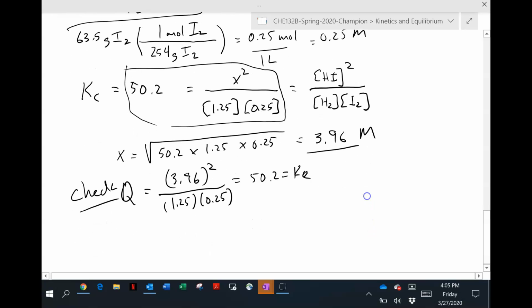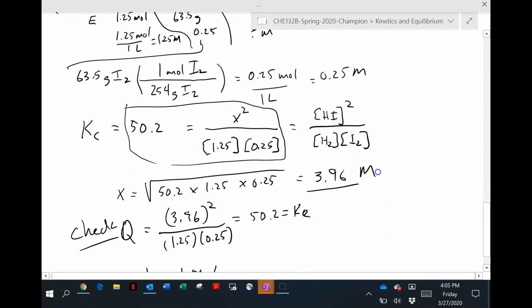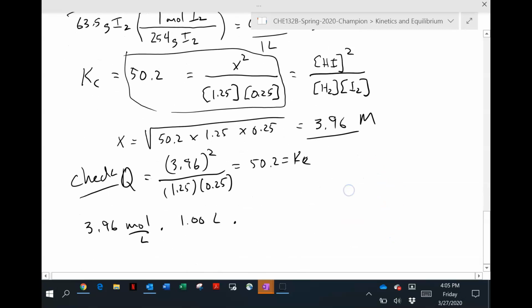So then to get to grams, if I have 3.96 moles per liter, and I've got 1 liter that I've assumed, and then this is HI, right? So HI is going to be basically 128 grams of HI per mole of HI.